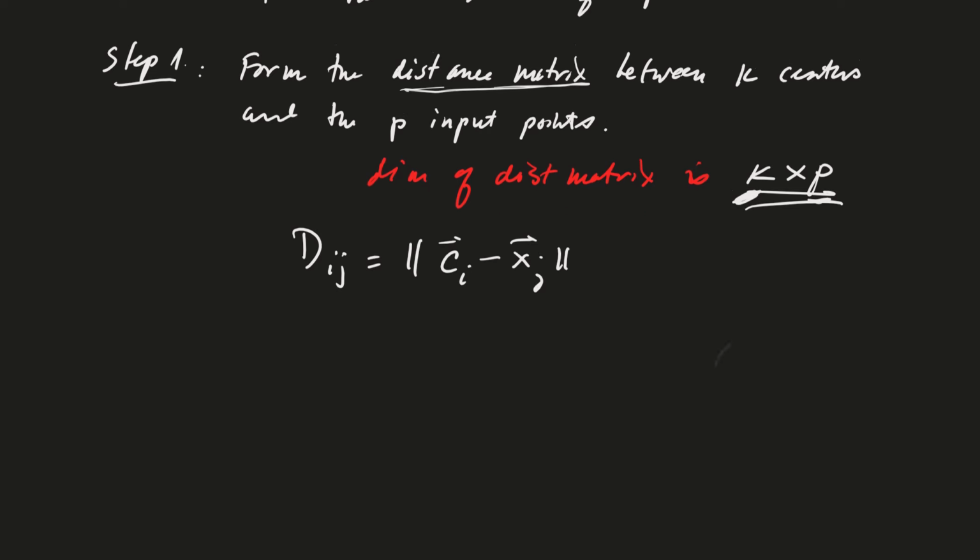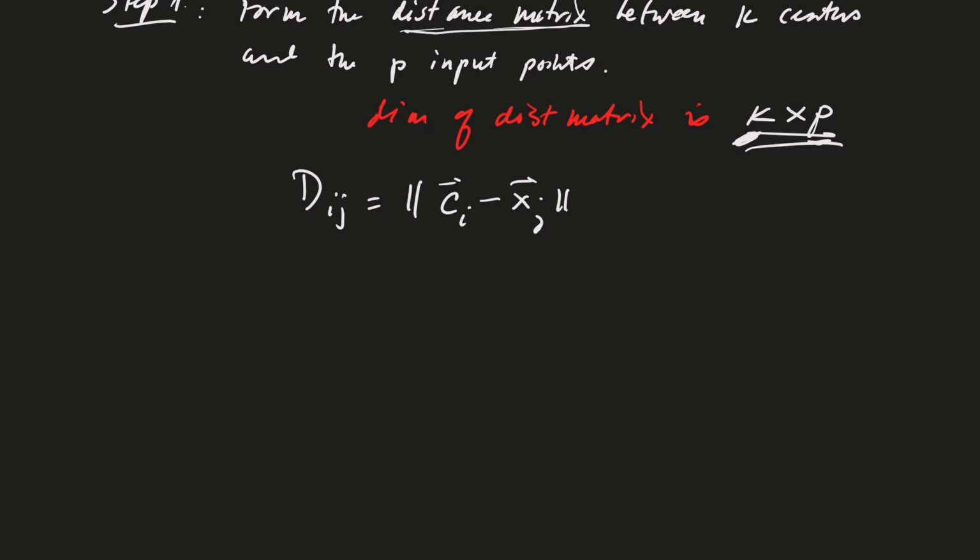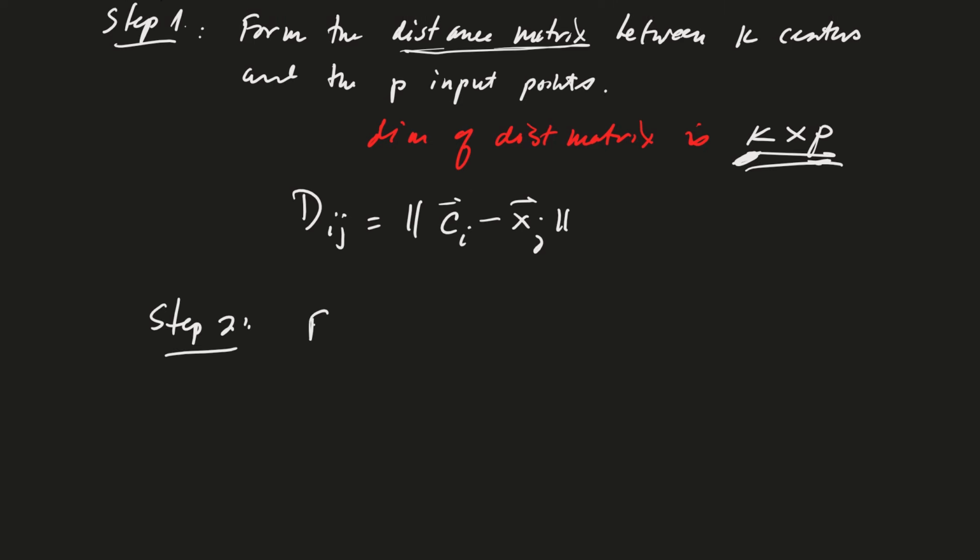Now, what am I going to do with the matrix D that's K by P? Step 2. We're going to form the design matrix, what's called the design matrix Phi. Oops, I'm so used to typing this in LaTeX. Capital Phi has little bars on the top and bottom there. The matrix Phi is found by taking little phi.